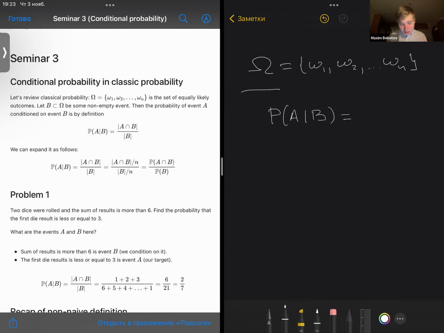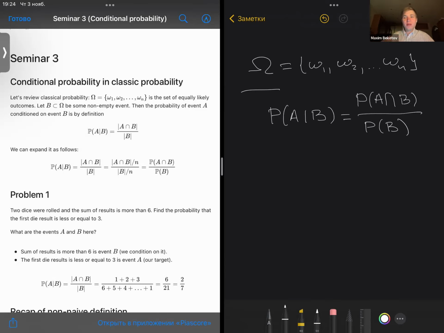This is just the definition: the probability of their intersection, which means the probability that both events happened, because intersection corresponds to the logical AND of events, divided by the probability of the condition B happening, right?